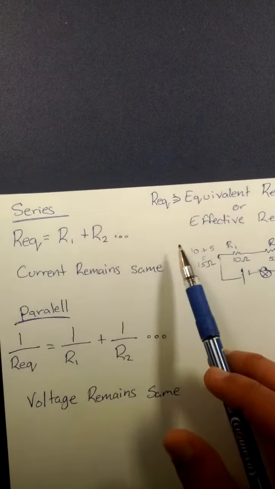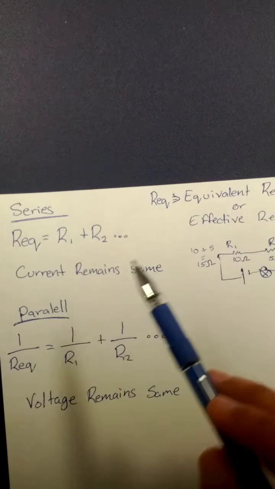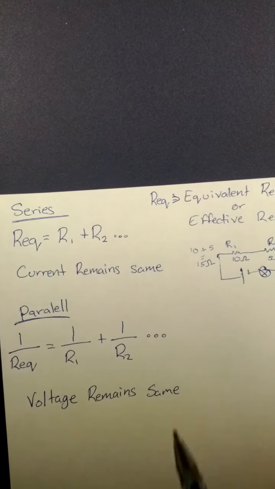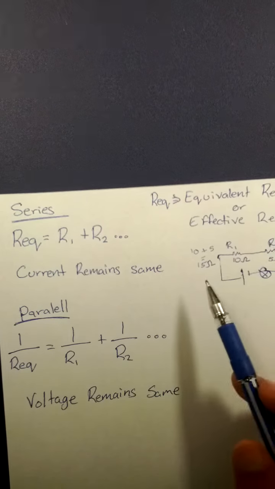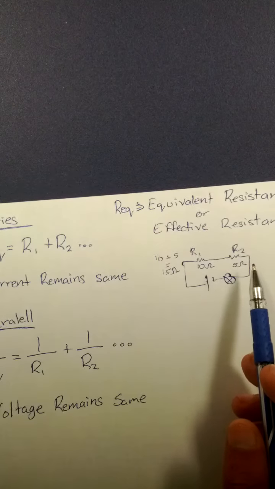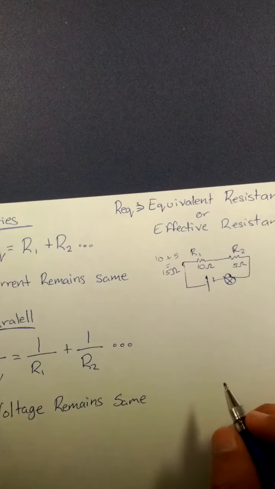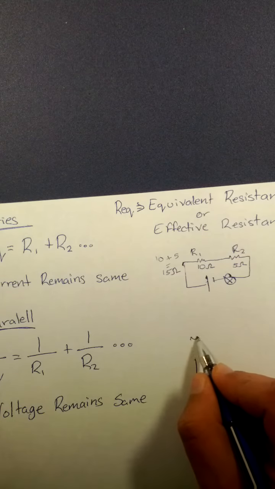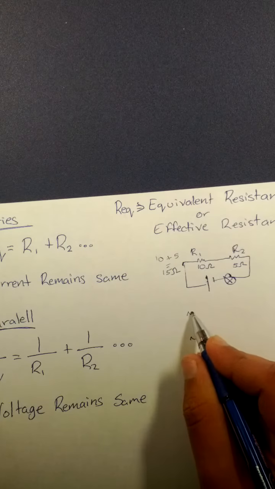And in series, if you remember, current remains the same. But in parallel circuits, the voltage remains the same, meaning that the number of volts over here is going to equal the number of volts over here. And if you don't know what a parallel circuit looks like, it's basically like this.